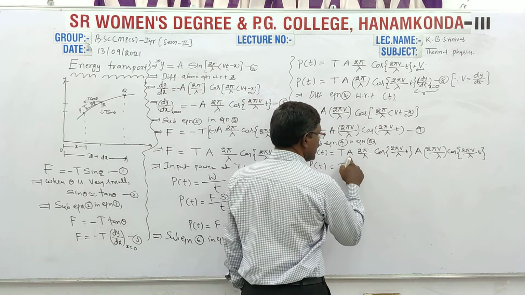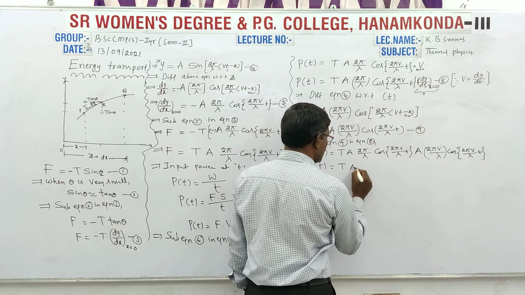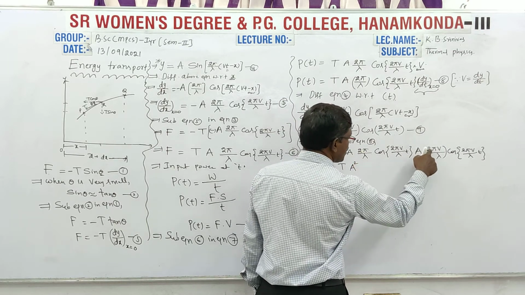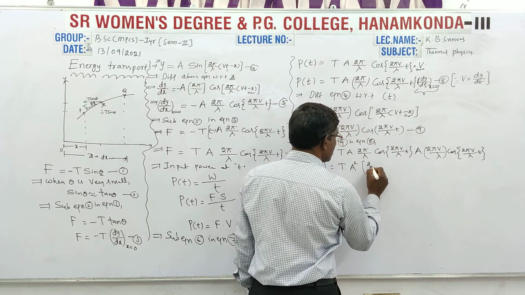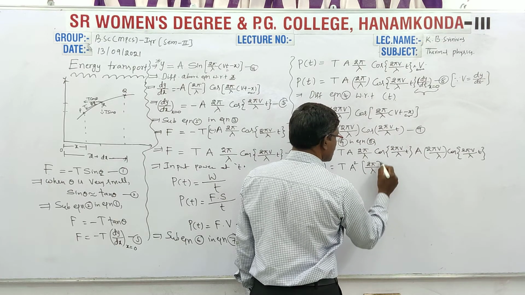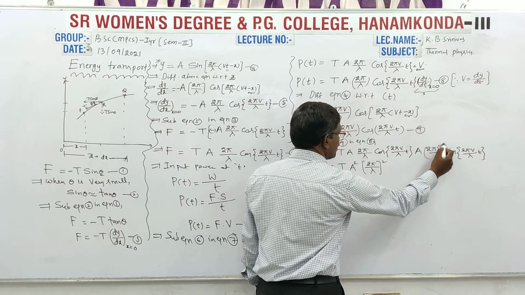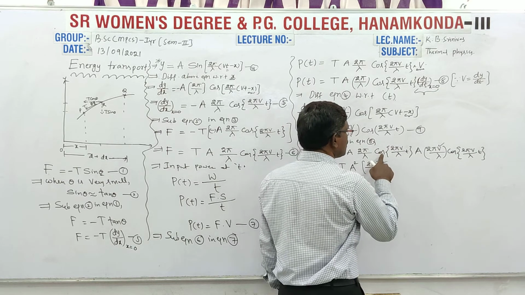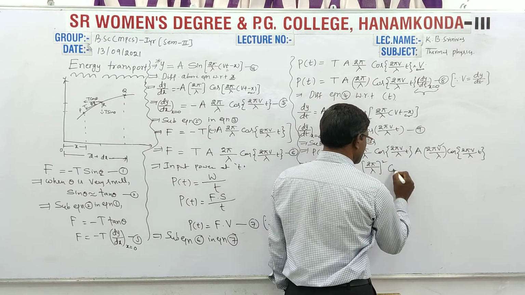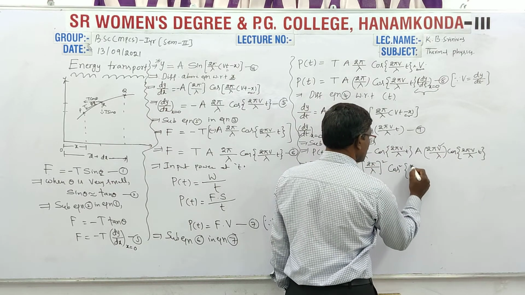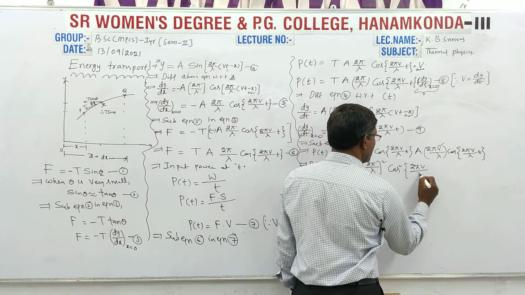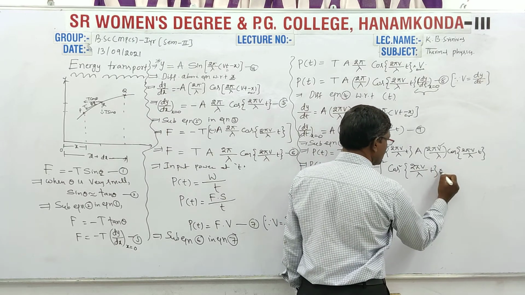So finally I have calculated the input power of the wave. Here we are having T, a into a becomes a square, 2 pi by lambda into 2 pi by lambda becomes 2 pi by lambda whole square. We are having v only, so cos into cos becomes cos square of 2 pi v by lambda into t. We are having one more v into v.